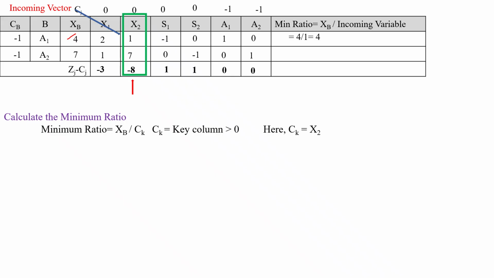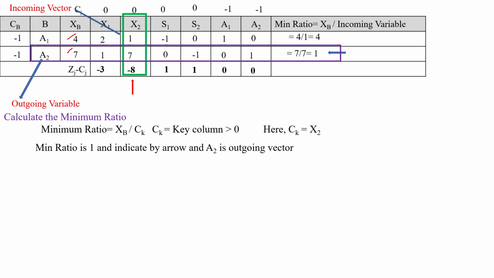For the second row, the xB value is 7 and the incoming variable coefficient is 7, so 7 by 7 is 1. So the minimum ratio is 1, indicated by an arrow, and A2 is the outgoing vector. So the artificial variable A2 leaves the basis.